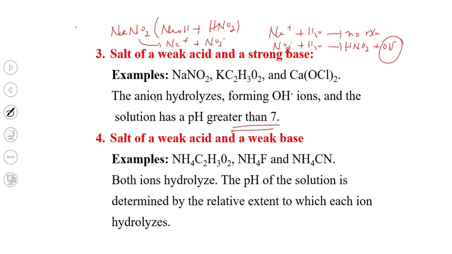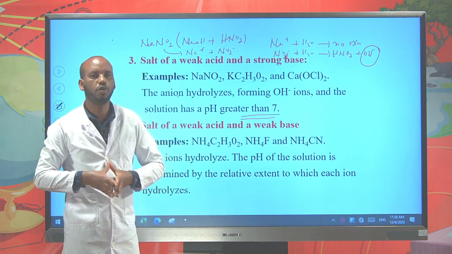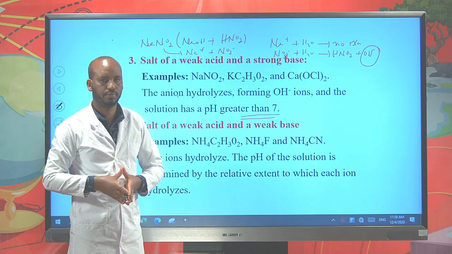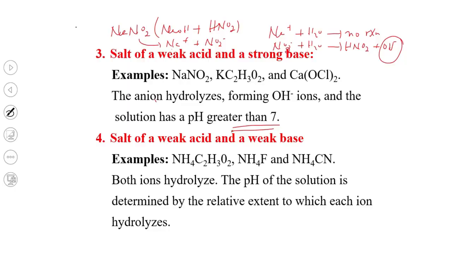Number 4, salts of a weak acid and a weak base. What happens to the pH of a solution if a salt derived from a weak acid and a weak base is dissolved in water? The solution can become either acidic, basic, or neutral, depending on the dissociation of the acid and the base.